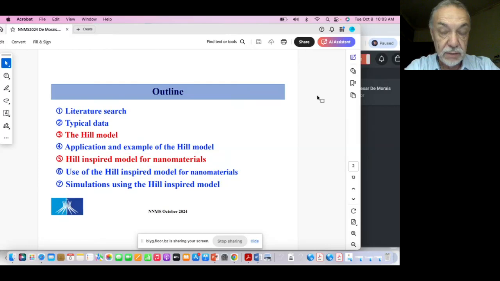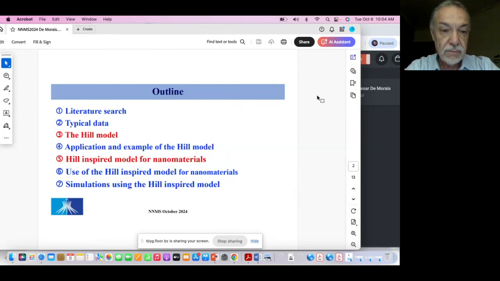And then the second most important topic of my talk is how can we use the Hue model to include the nanomaterials morphology and extract from this the impact of the nanomaterials morphology on in vitro assays.